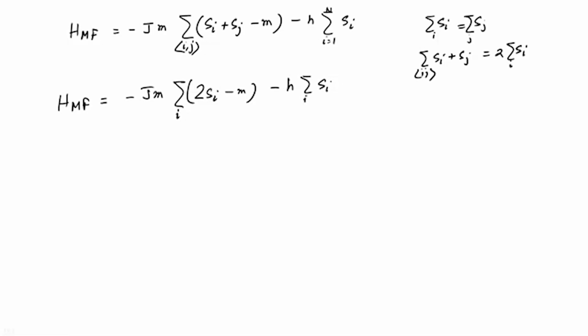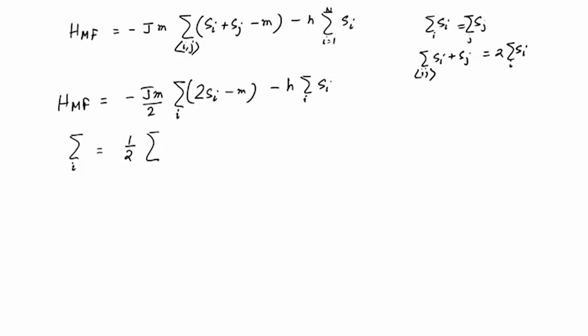Okay. Now, what we will do is replace the sum over I as it is with half the sum over, when you have I and j, ij being the nearest neighbor, and when you write it as 2 over Si, we can bring in a factor of 2 here, because I and j should not be counted twice.